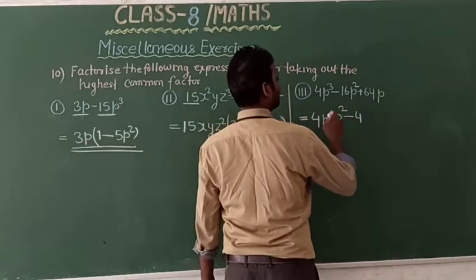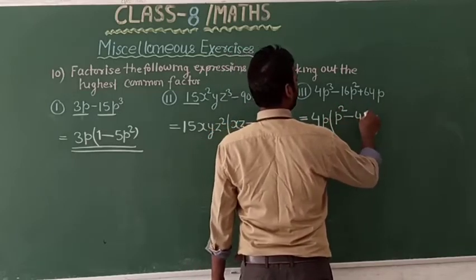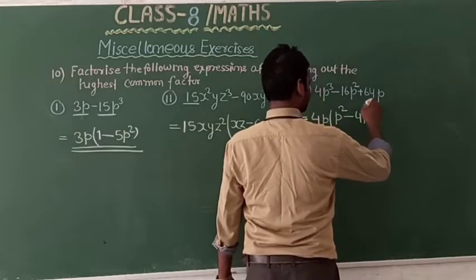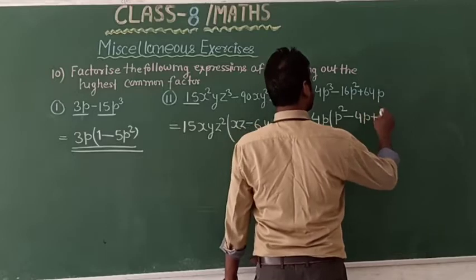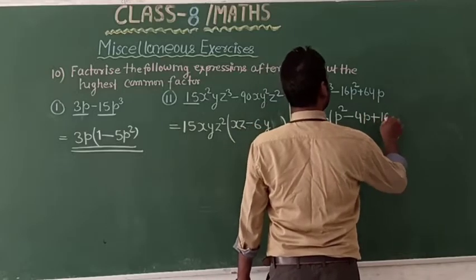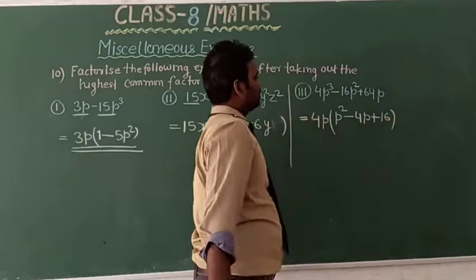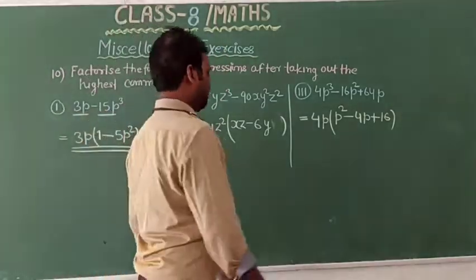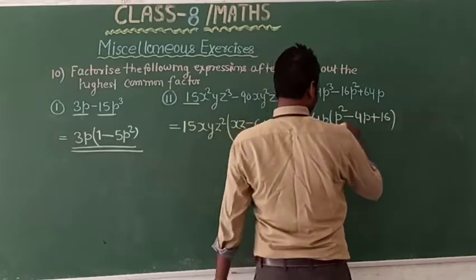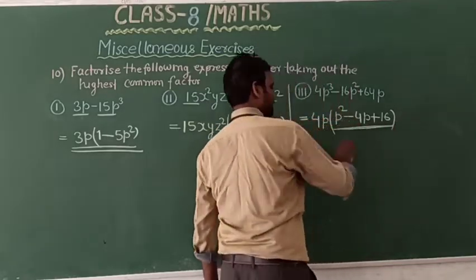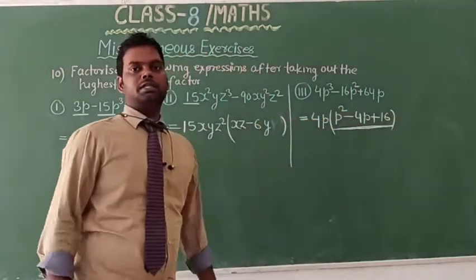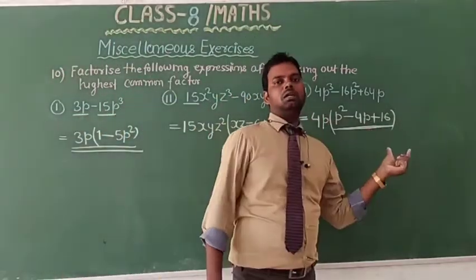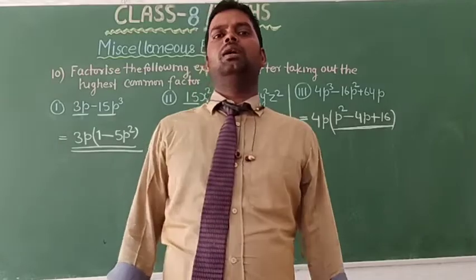4p plus 16. Okay, children, now look at this term p square minus 4p plus 16. Here its first and third terms are perfect square numbers.